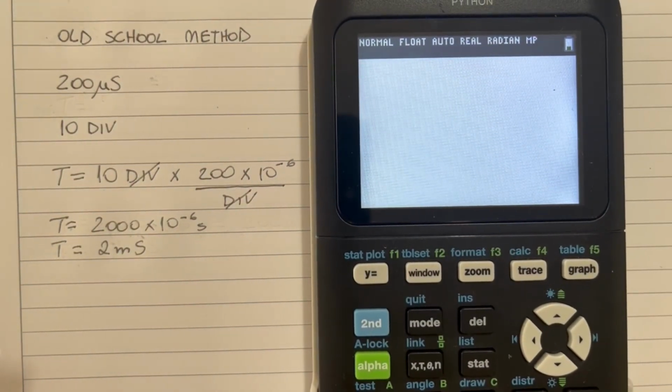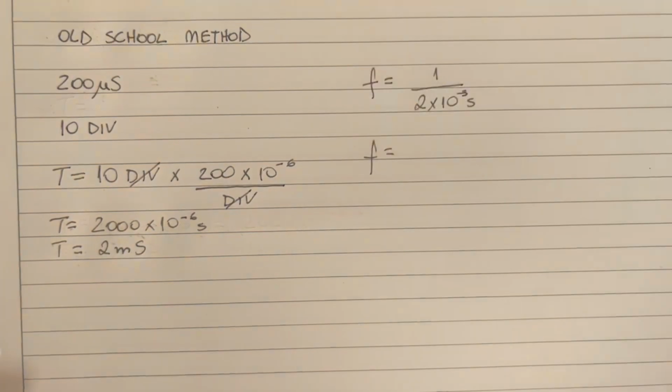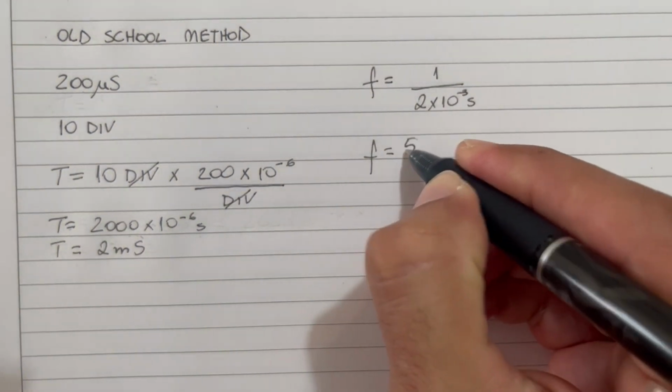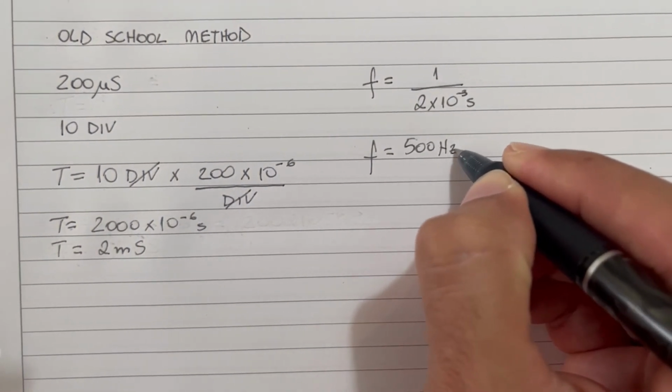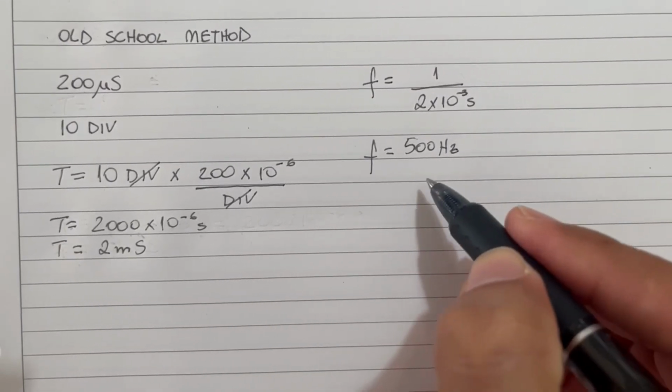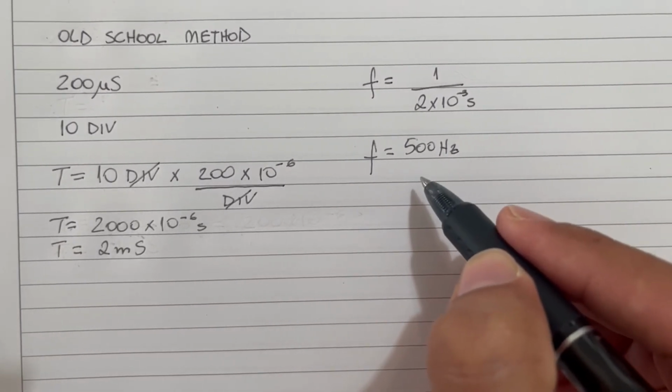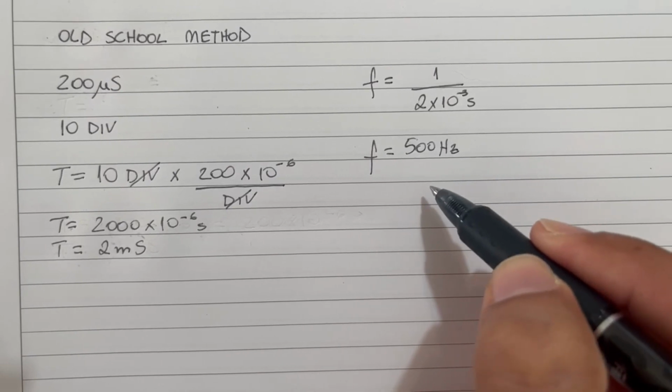So we use 1 divided by 2 E minus 3. The result is 500. So we have here 500 hertz, the same value that we chose to use in this exercise.